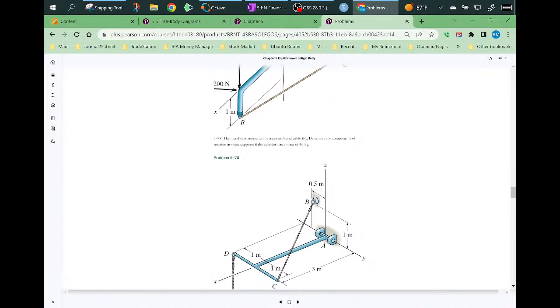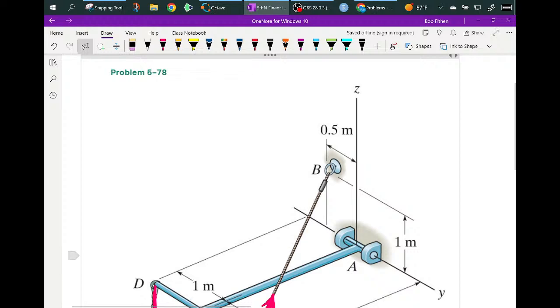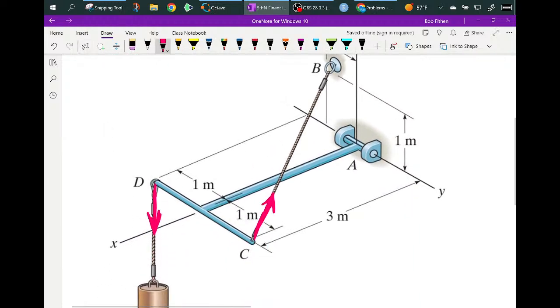Okay, it says determine the components of the reactions of these supports if the cylinder has a mass of 40 kilograms. So this load will be 40 times 9.81, and we'll figure that out in a little bit.